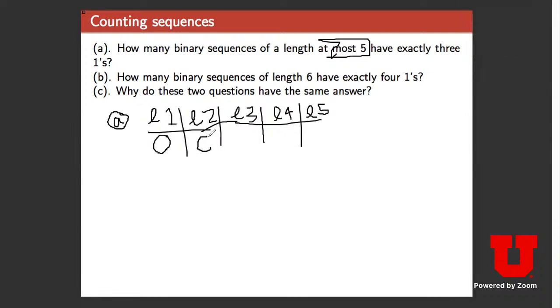It would also be 0 since there's only 2 numbers. Now, what about how many binary sequences of length 3 have 3 ones?